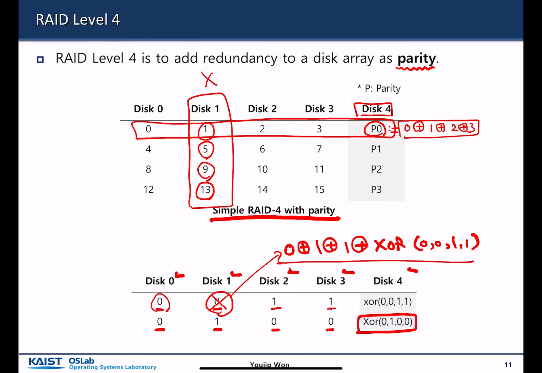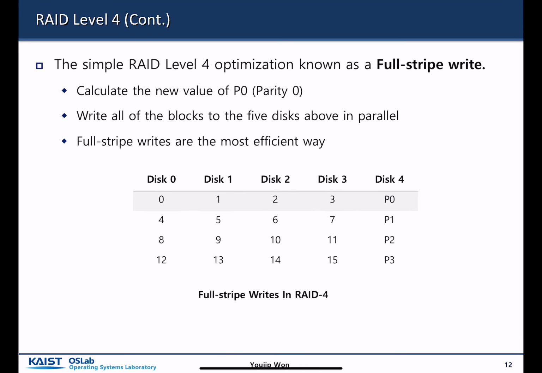The same thing applies to the second disk. So this is how we use the parity block to reconstruct the lost disk. In RAID level 4, full stripe writes are the most efficient way.